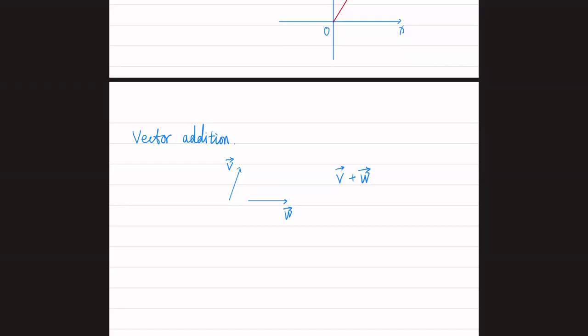Aaron, guesses? How do we add two vectors? The triangle method. Okay, we can use the triangle method. We can draw another vector, a copy of W at the endpoint of V. Let me draw a copy of this, and we use a different color to indicate this is a copy.